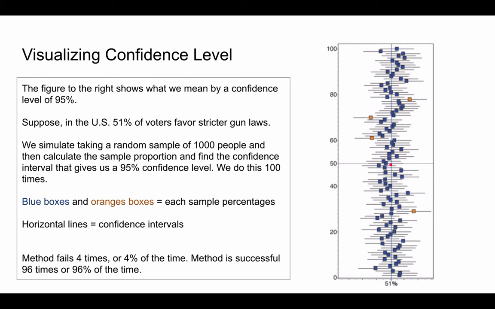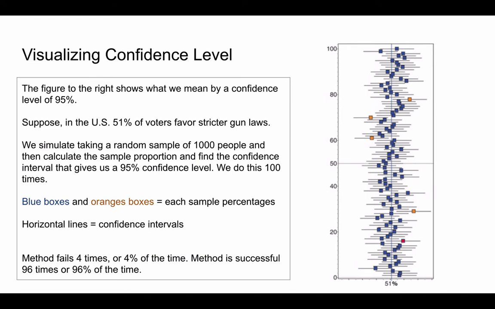So if you go down to the very bottom, you can see 51% on the x-axis. Now 51% is the true population proportion of people who favor stricter gun laws in this example. And then each box represents the number we actually got when we took the sample of 1,000 people. We did it 100 times, so there are 100 of these boxes. Now let's look at this one right here. I have my red dot over one of them.